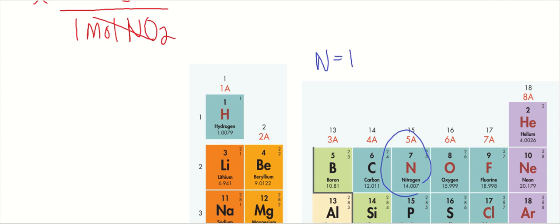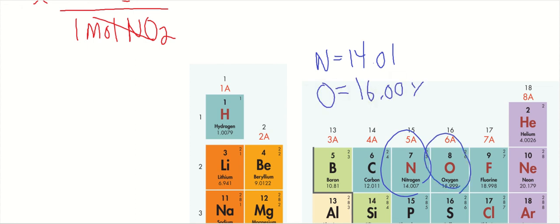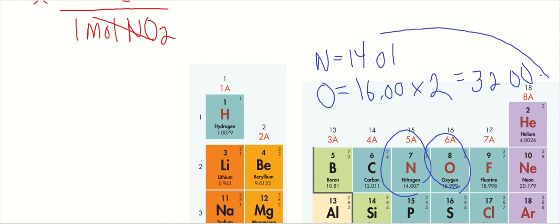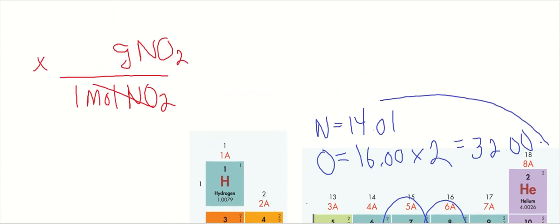Nitrogen, 14.01, and then oxygen, 16.00, and there are 2 of them in NO2, so that's going to be 32.00. When you add them up, you get 46.01 grams per mole, the molar mass of NO2.